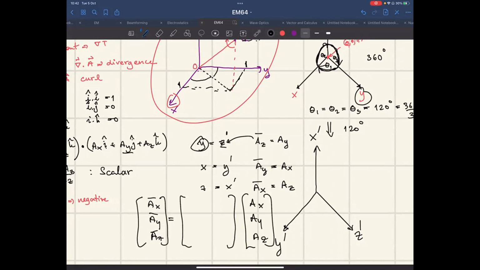All right, so AX here equals AZ. It means that in case of AX, we don't have AX, we don't have AY, we have only AZ here, right? That means we have one here.